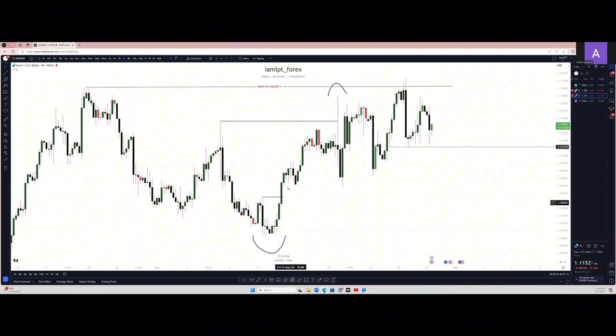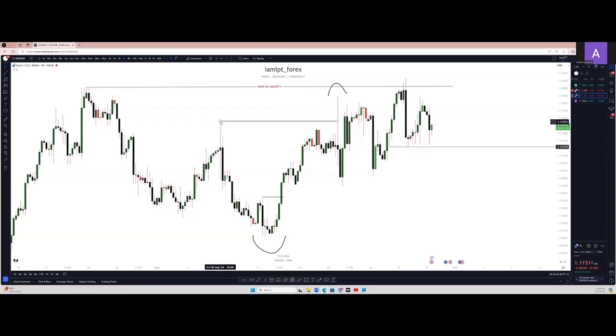After this, we had the market pull up, right? And then after this market structure shift, you can see the market shifted from being bearish to bullish here by taking this particular high. And another confirmation, you can see the market traded up onto this particular high again.